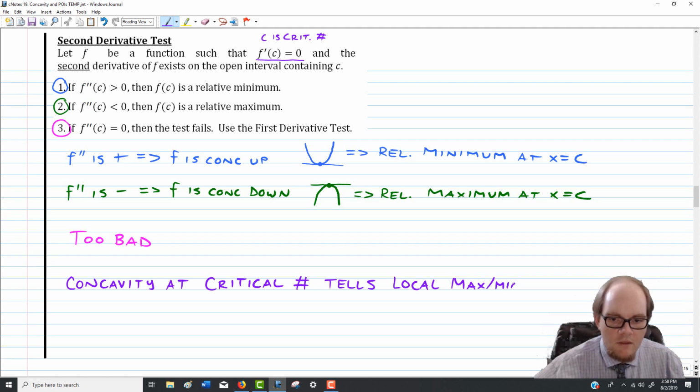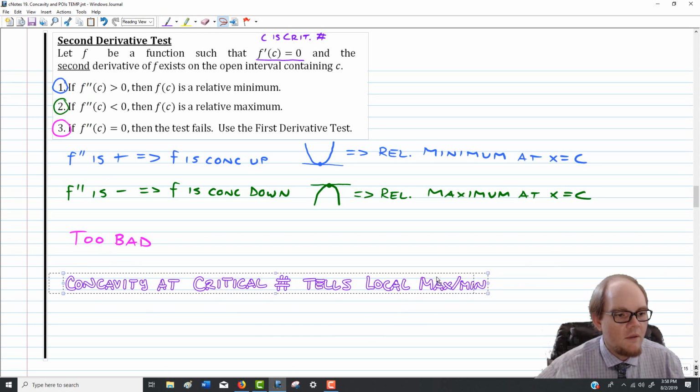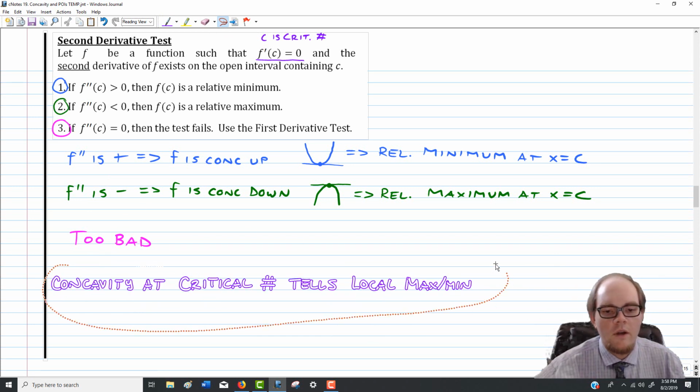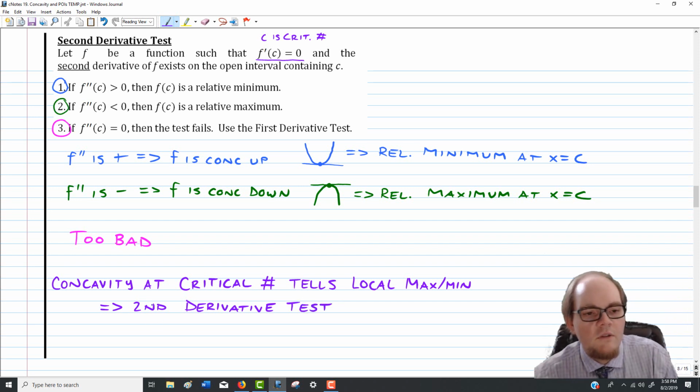Again, with a few caveats. Like, don't get too excited. Yes, there are some situations where it doesn't work. But in other words, we now have an extra tool that's out there. So this is the moral of our story. And this is what we call the second derivative test. It is the follow-up to the first derivative test that talked about relative maximum and relative minimum in dealing with sign change. So there is the second derivative test.